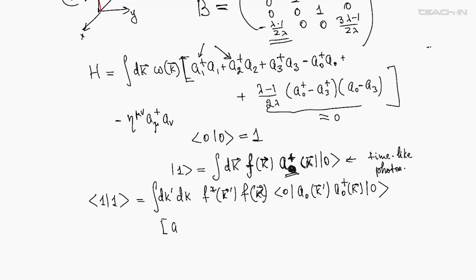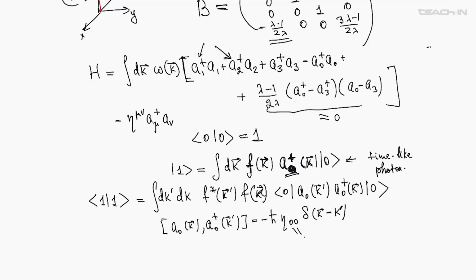The commutator of A0 with A0 dagger on k prime is given, on the right-hand side, by minus h bar eta 0,0 multiplied by the delta function k minus k prime. But eta 0,0 is 1, right? That's the Minkowski metric, eta 0,0 is 1.